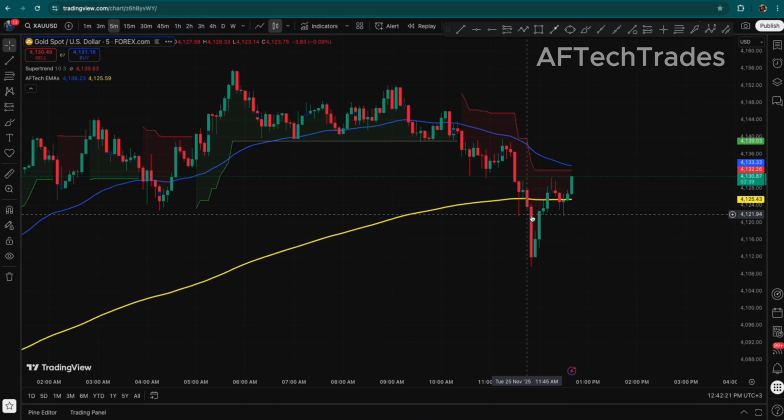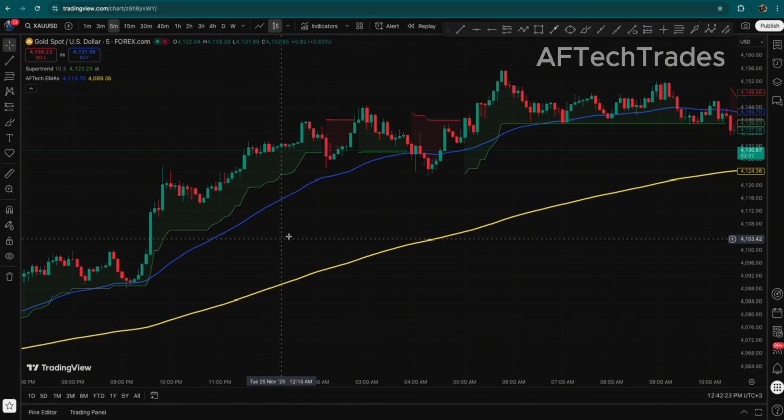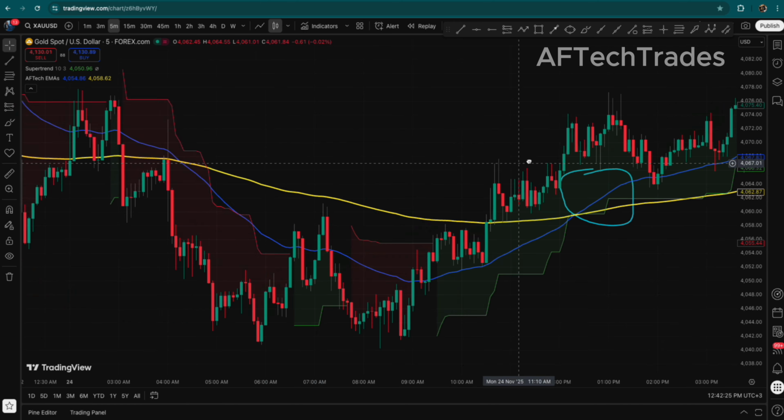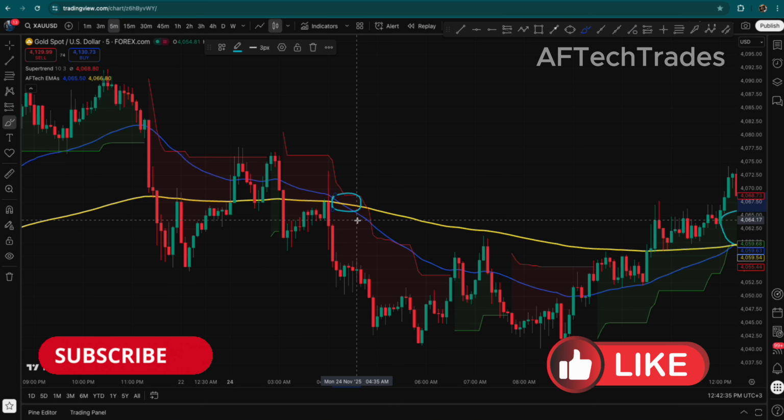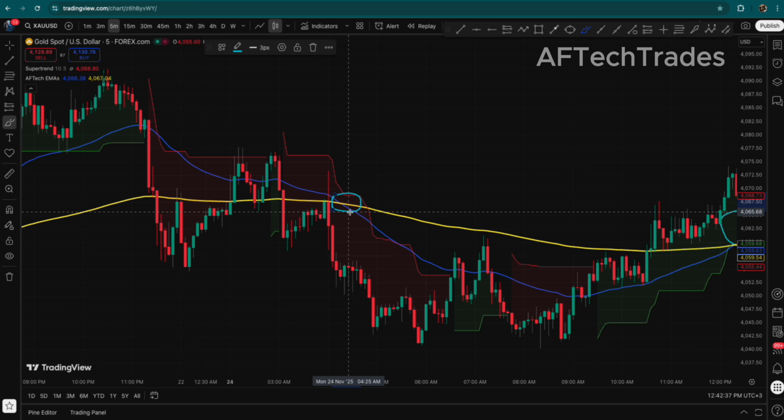That is where you will be entering for a short position. I hope you get it. So you see, here we have a crossover. It crosses below the 50 EMA, crosses below your 200 EMA. And what happened? We have a short position here. You see how it happens?